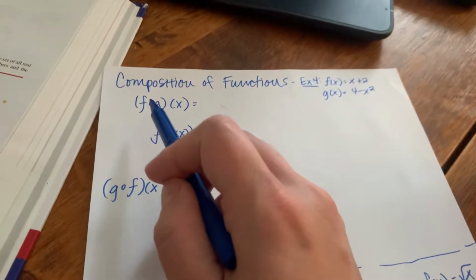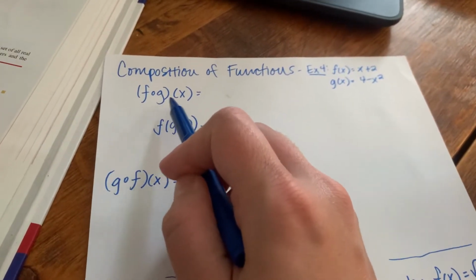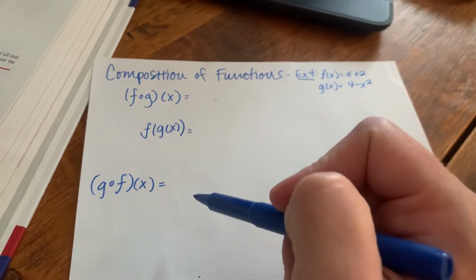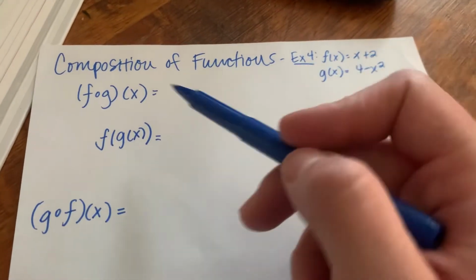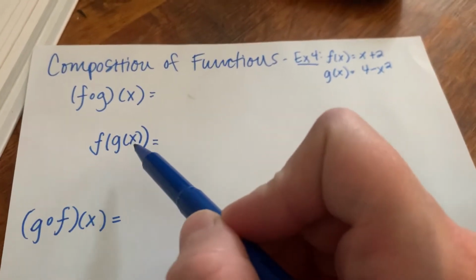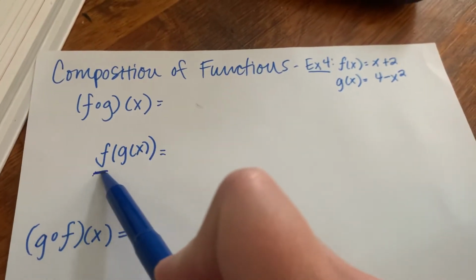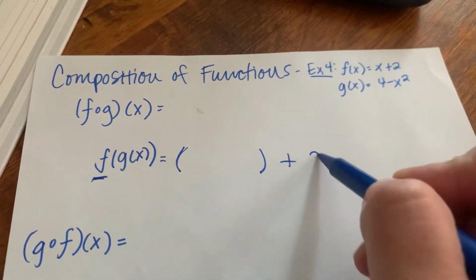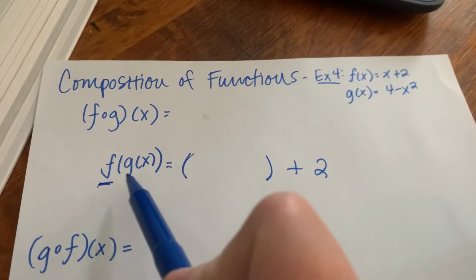So if I have f of g of x, or f of g of x, that's what they both equal. What would it be if I had these two functions? So f of g of x is saying take your function f, which is x plus 2, and you're not putting x inside your function anymore.